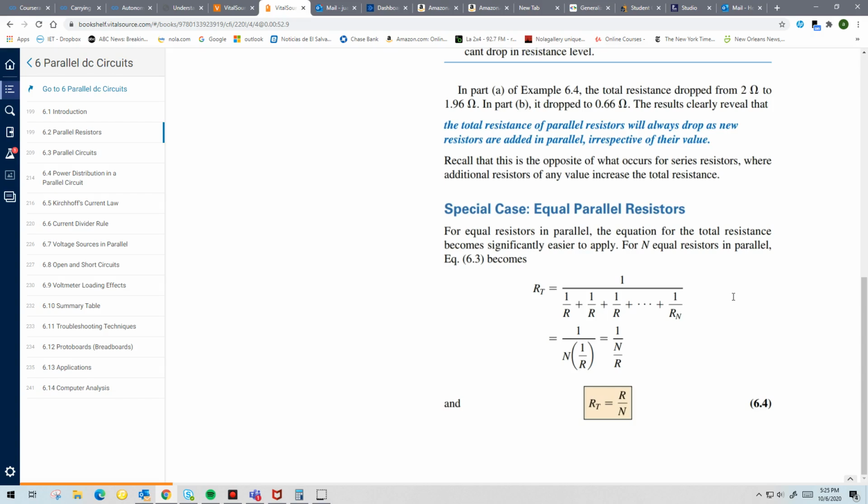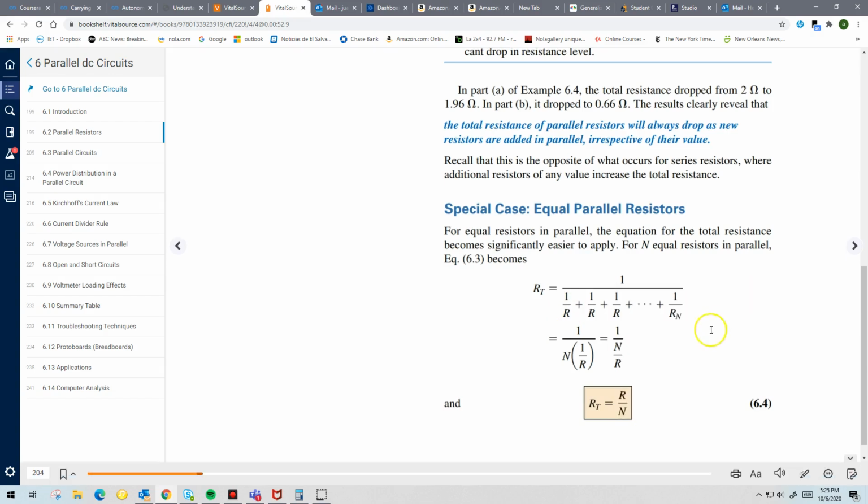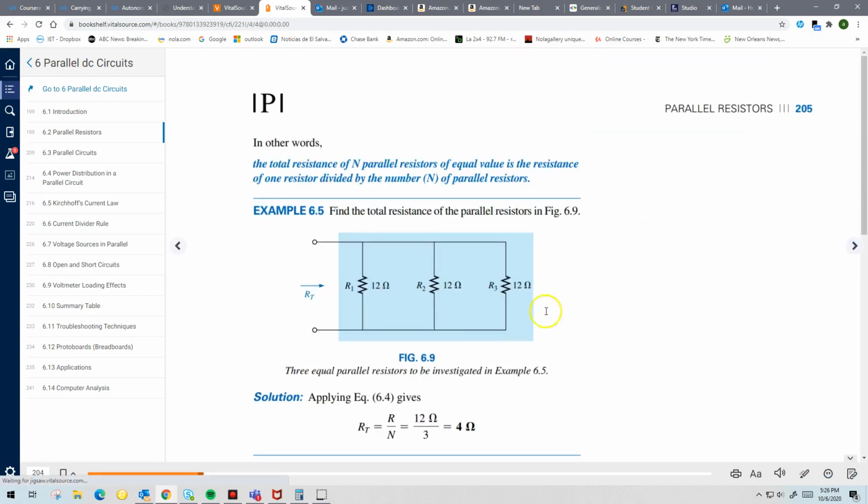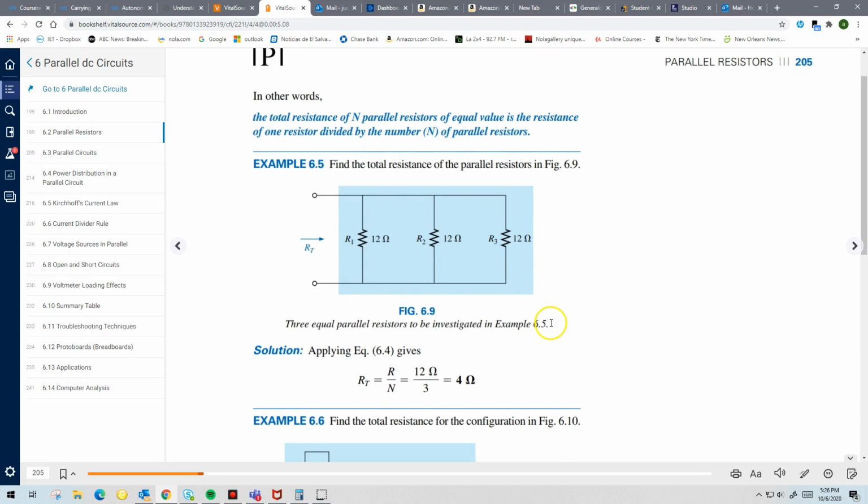In the case of parallel connected resistors, we're going to divide by N, the number of resistors that are the same. So for example, here we have 3 equal 12 ohm resistances. What we have to do is just divide the value of one of the resistors by N being 3. So we divide 12 by 3, which gives us 4 ohms.